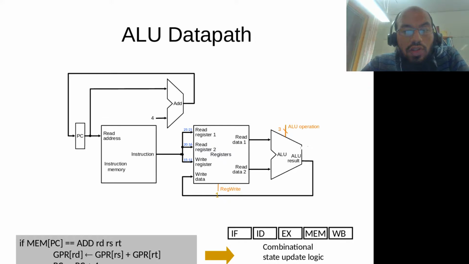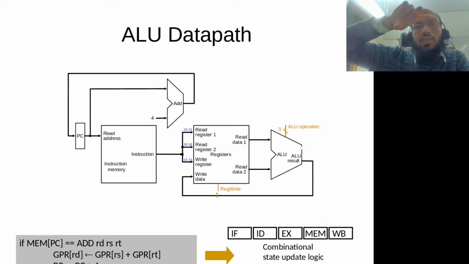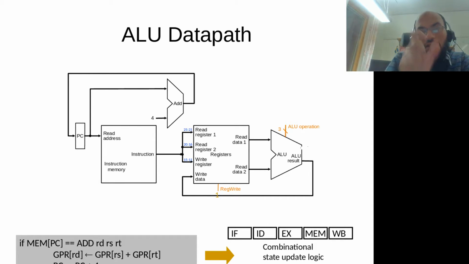So this is the data path for a single cycle processor. You have the PC, and the PC increases by 4 every time because, as we said, 4 is the size of the data that you're getting. If you have a 32-bit architecture, then you need to read 4 bytes every time because you have 1 byte per memory address, and you want to read the 32 bits.